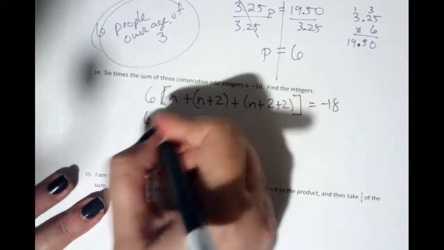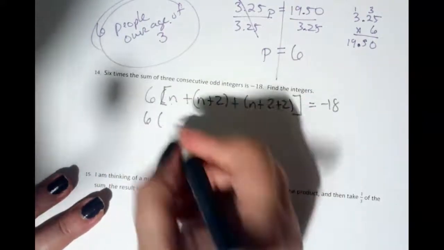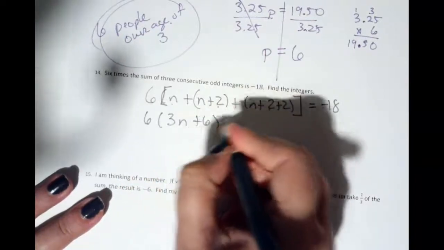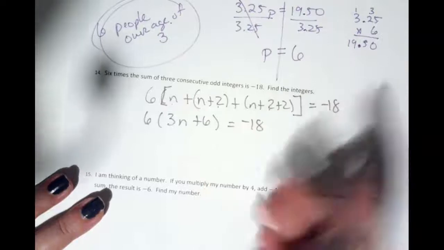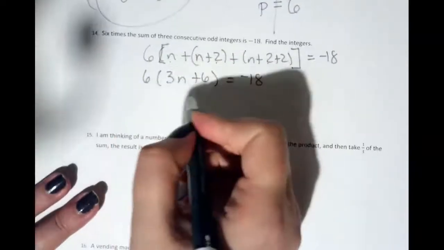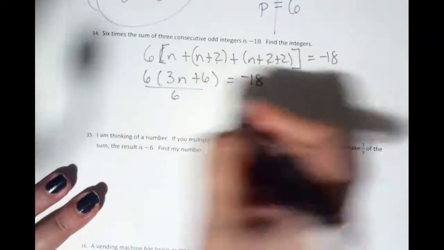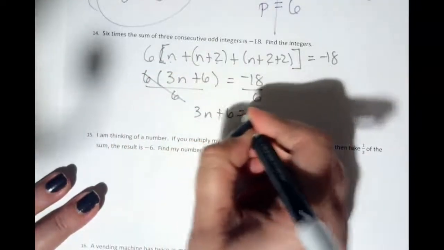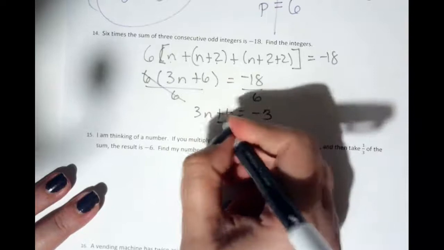So 6 times the quantity, n, n plus 2, n plus 4. And then let's divide by 6. And we get 3n plus 6 equals -3.